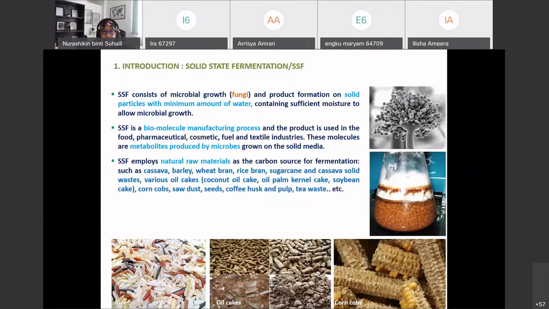So let's go to the introduction, the definition of solid state fermentation. SSF consists of microbial growth, normally fungi, okay? We talk about it later, why fungi, and product formation on solid particles with a minimum amount of water, containing sufficient moisture to allow microbial growth, okay? So if you imagine solid state fermentation, it's basically solid state. There's no flowing water or liquid.